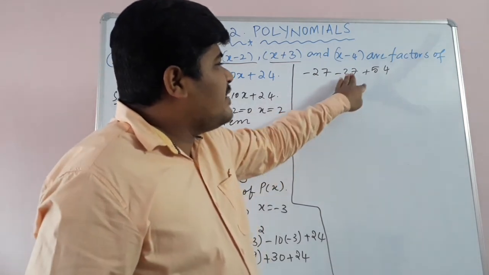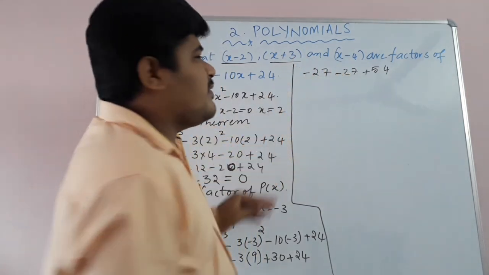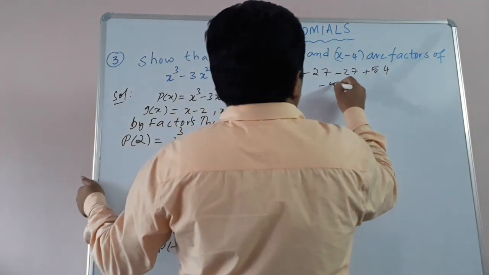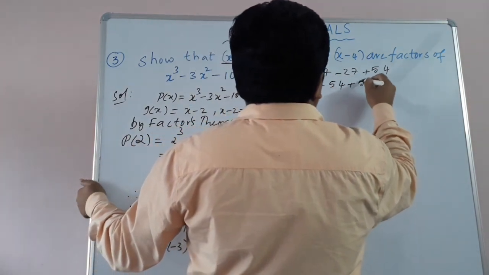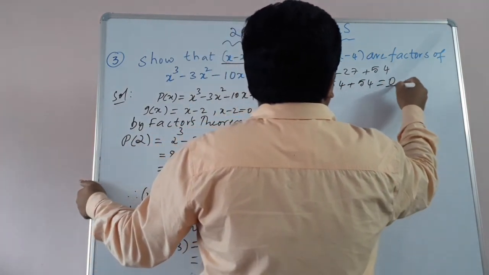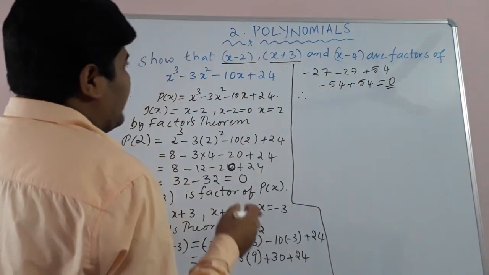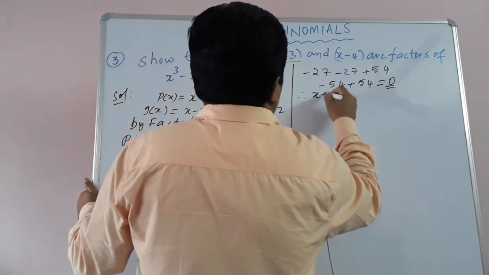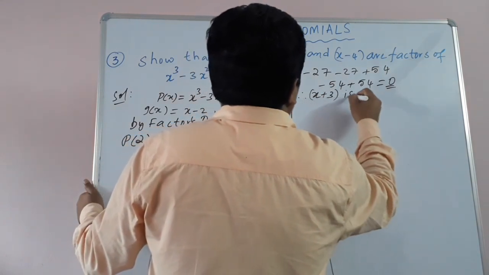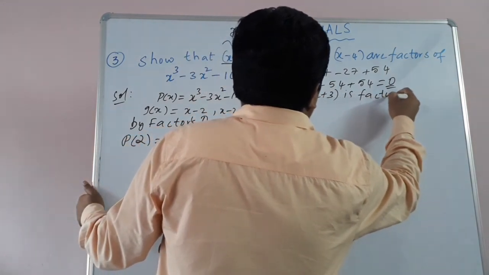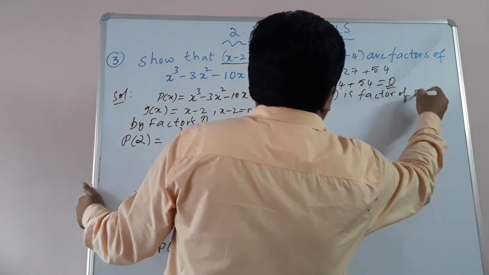Here we have to add these two numbers and take the minus symbol. So that will be minus 54 plus 54. So result will be 0. So therefore, children, x plus 3 is a factor of p of x.